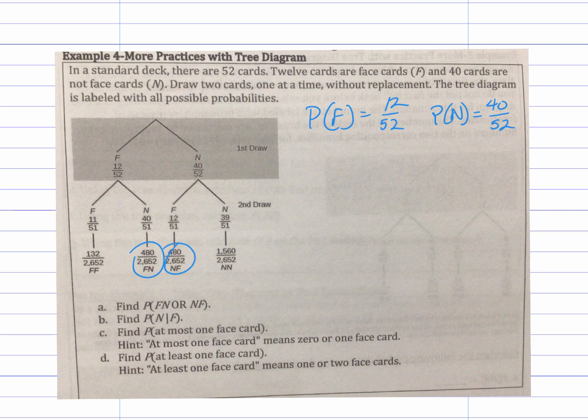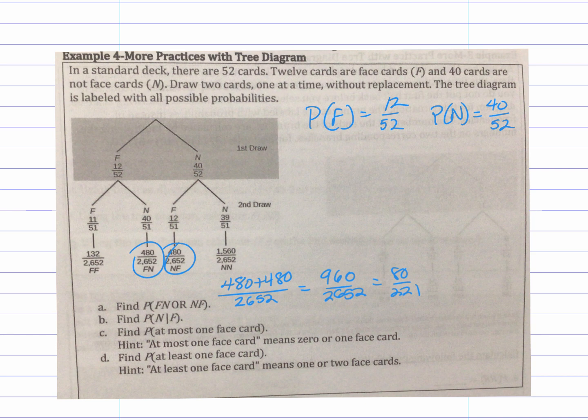So since it's impossible to have overlapping events here, this would just be 480 plus 480, which is 960 over 2,652, and that reduces to 80 over 221.